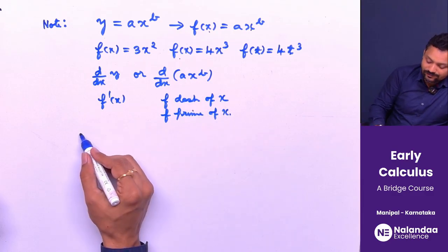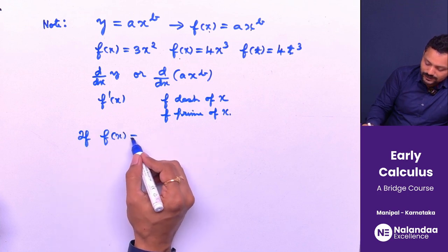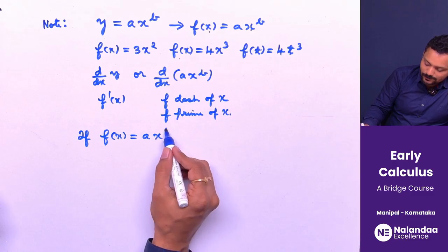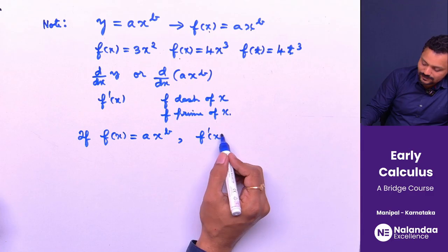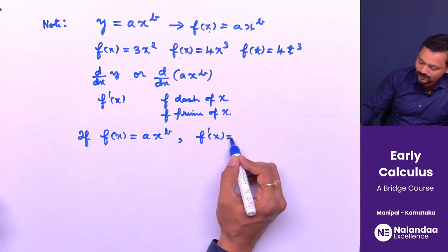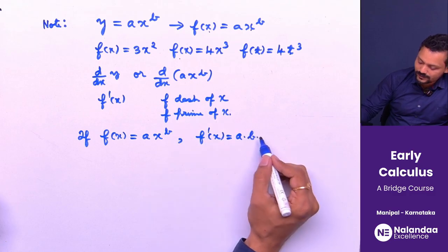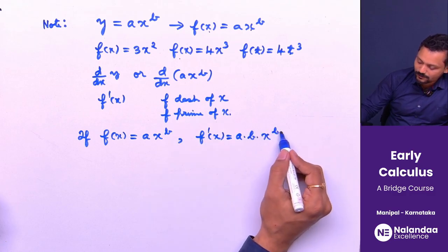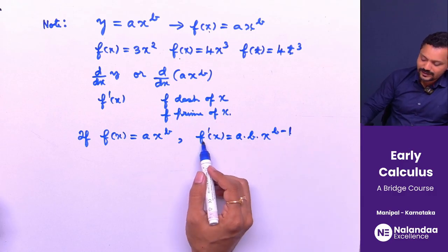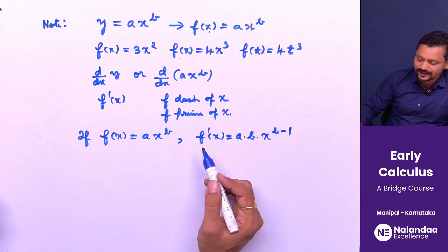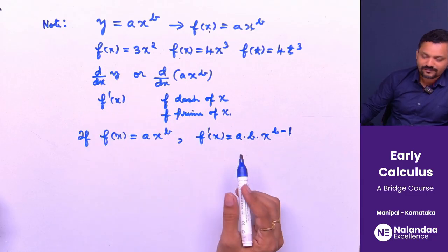So, therefore, if f of x is equal to a into x power b, then we say f prime of x or f dash of x is equal to the same thing, that is a into b into x power b minus 1. So, f dash of x is just another way to write d by dx of y.